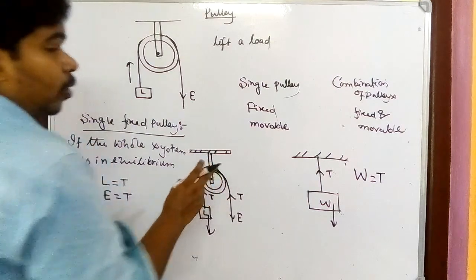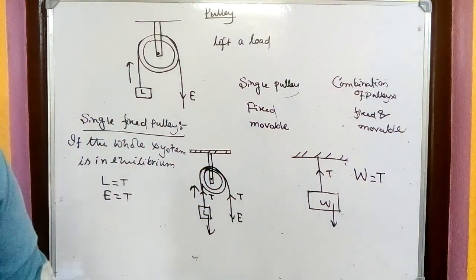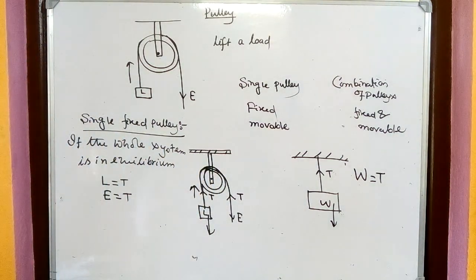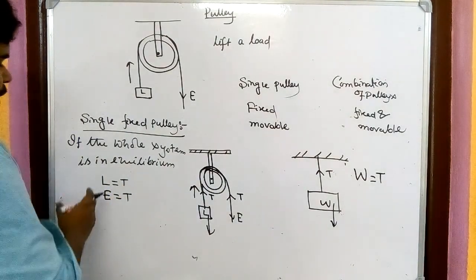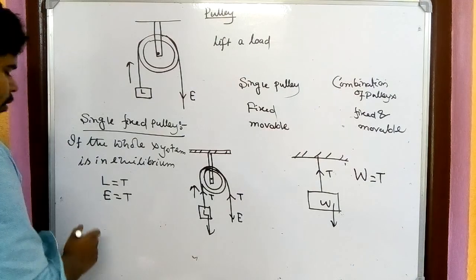That's why for one string the tension should be the same. If you take two strings, then the tension changes. If you take 3, 4, 5 strings, the value of tension will be different for different strings. But if you take only one string, the tension will be the same. So load equals T, and effort also equals T.